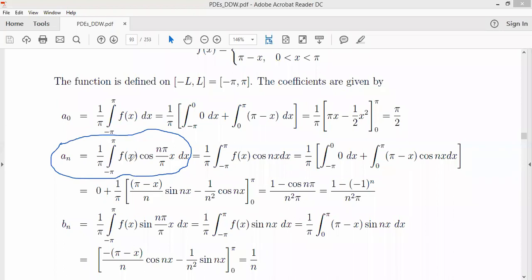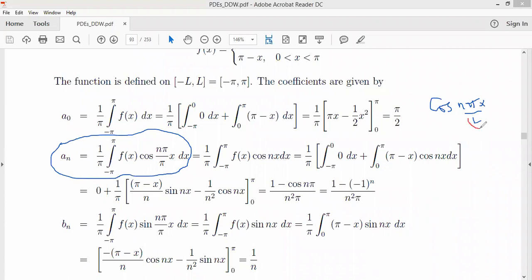So when you split this up, remember our function is piecewise. You are moving from minus pi to pi of f(x), but remember we have the 0 part, which is this one, and then we have that one. Now remember we had cos(n pi x over L). But now it turns out that our L is pi.